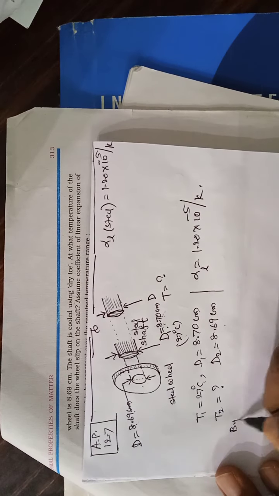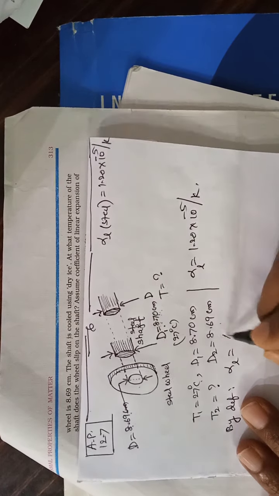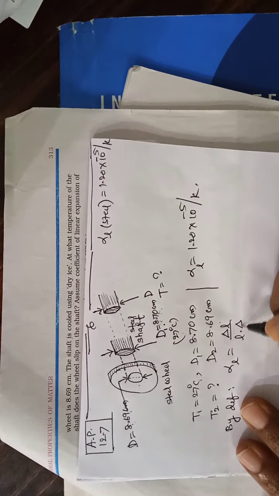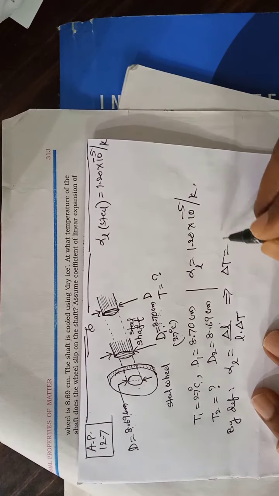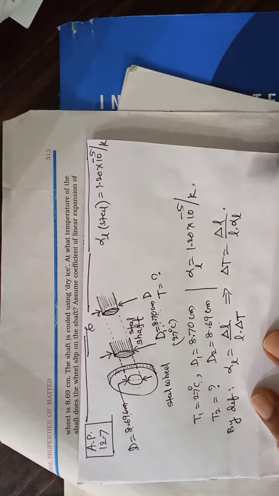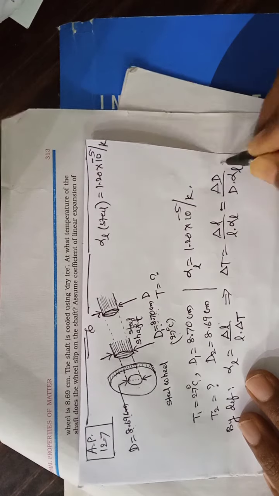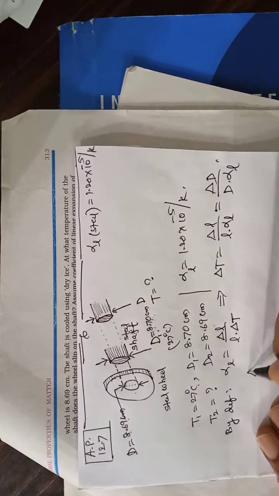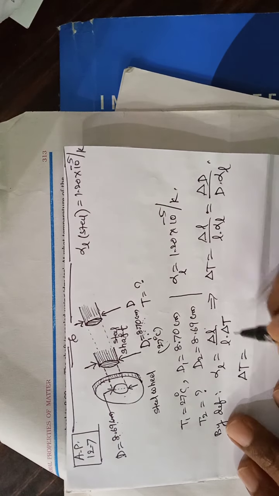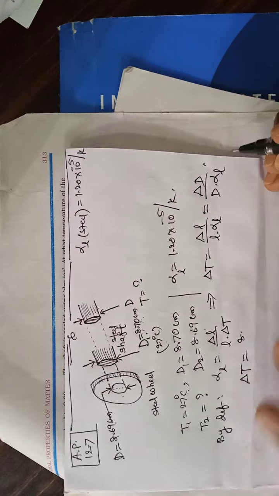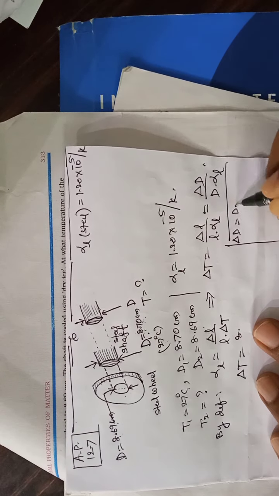By definition, we have alpha L is equal to change in L by L into delta T. So from this, delta T is equal to delta L by L into alpha L, or you can write delta D by D into alpha L. Let us find delta D. Delta D means D2 minus D1.